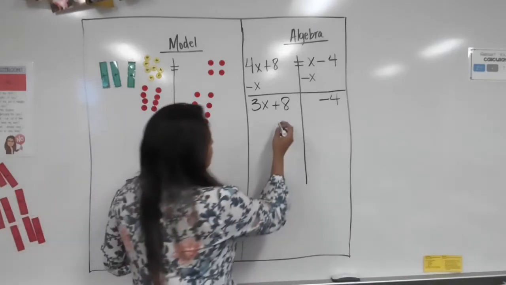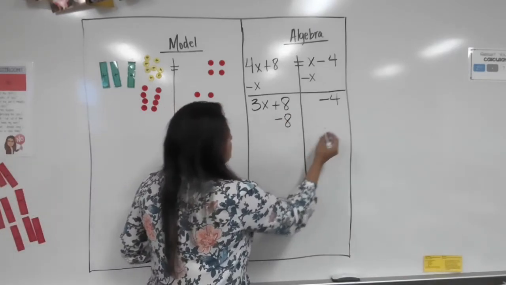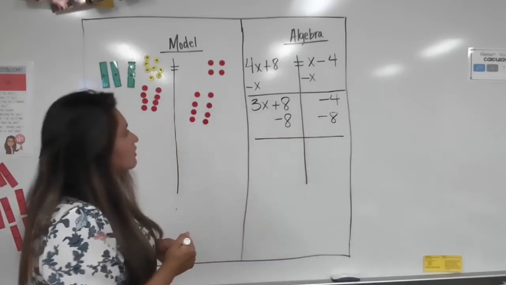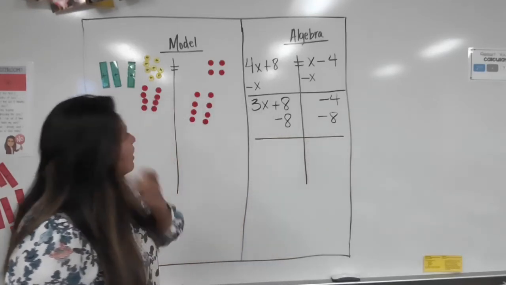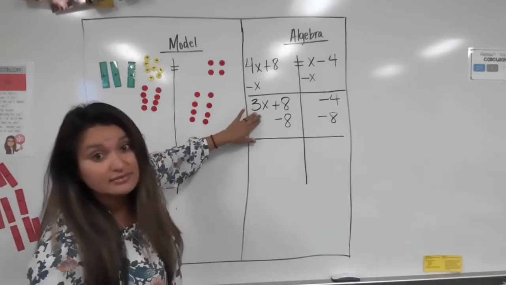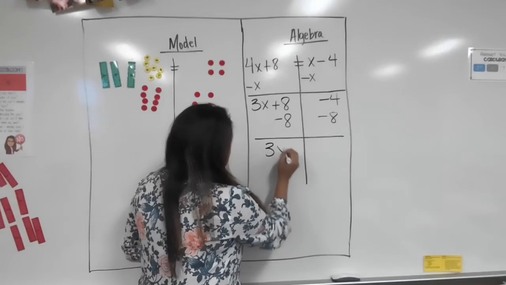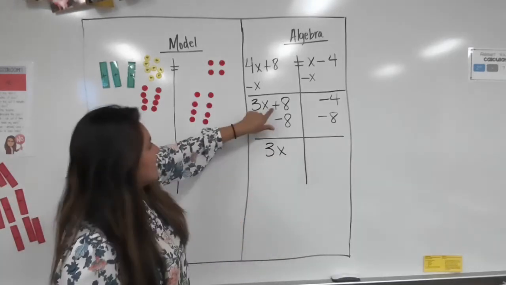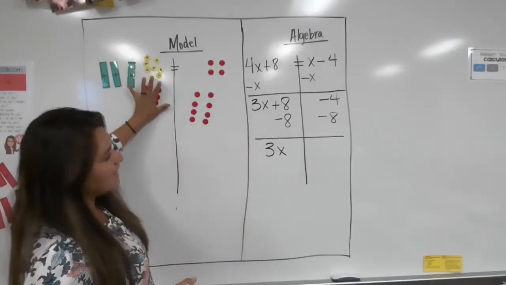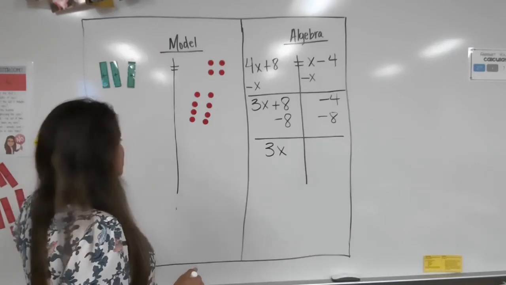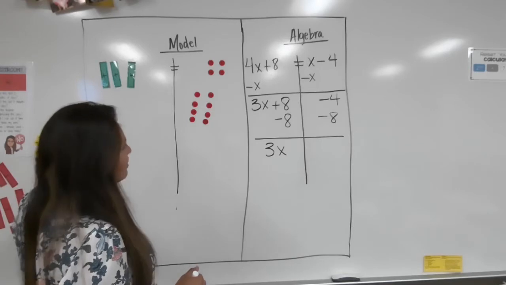I just added 8 negatives to both sides. I have 3, and I'm adding it to nothing, so I still have 3 x's. I have 8 positives and 8 negatives, which cancel each other out, and now I have 0. Move that out of my picture.